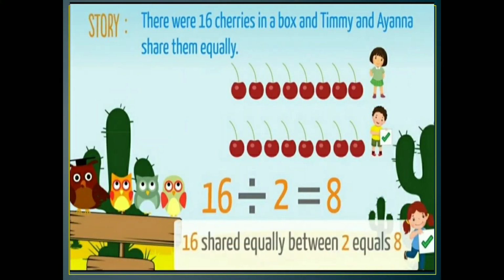After sharing cherries, each gets 8 cherries. It means Timmy will get 8 cherries and Ayana will get 8 cherries. That means 16 divided by 2 is 8. 16 shared equally between 2 equals 8.